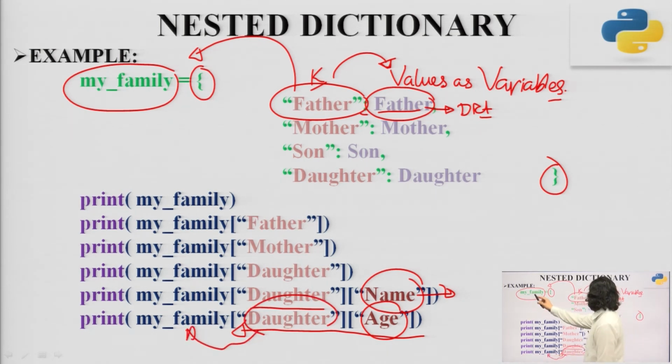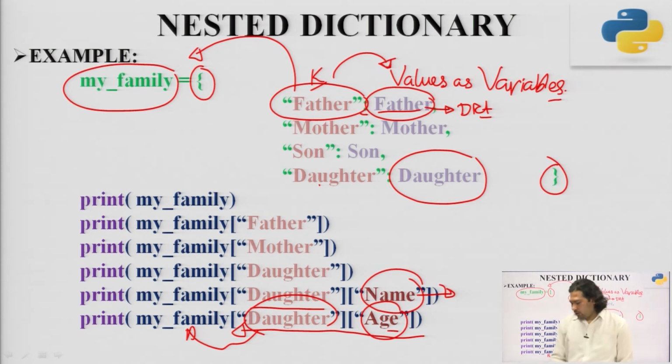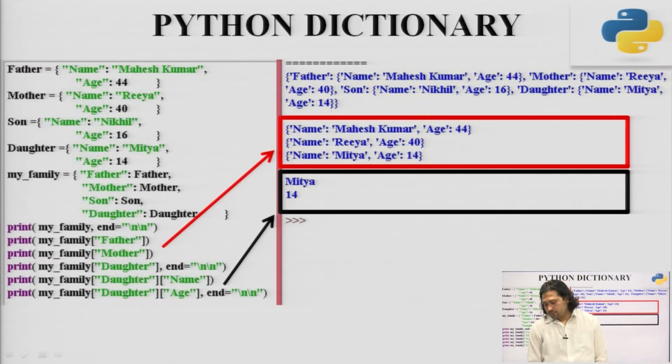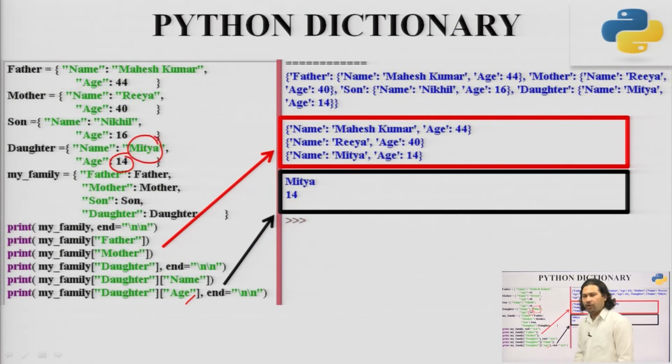So, in my family you have the daughter, in daughter we have this daughter variable, in that this age variable will hold the information. Look at the output of this one: the age of the daughter is 14 with the name as Mithya.